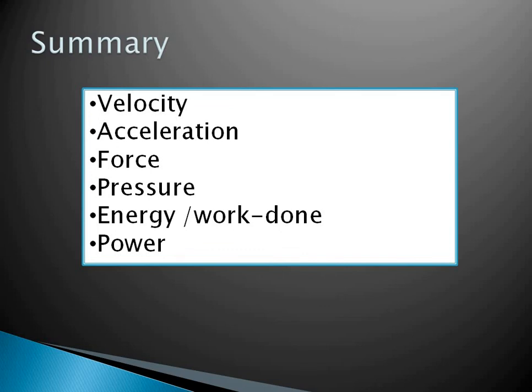So in this lecture we have discussed unit conversion for velocity, acceleration, force, pressure, energy or work done, and power. All those entities are very essential for calculation of different fluid properties.